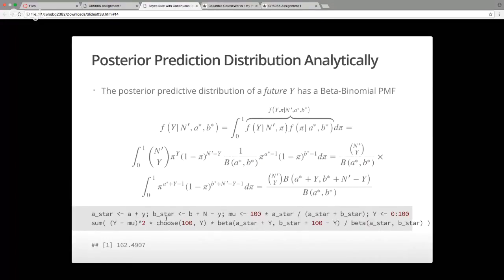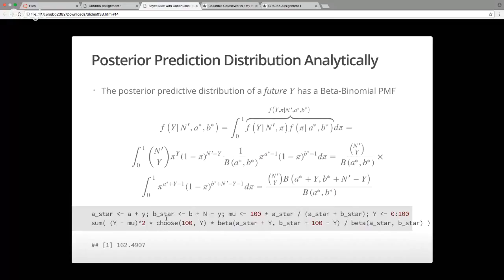You can actually work that out analytically. So capital Y is this realization of future Y from a binomial distribution, and you want to know what that is, conditional on A star and B star. That involves the integral of the binomial probability mass function given pi multiplied by your conditional probability distribution for pi given the data. That forms this bivariate distribution that you can integrate pi out of.